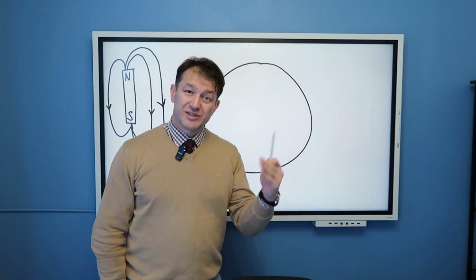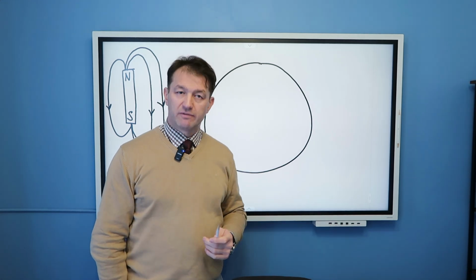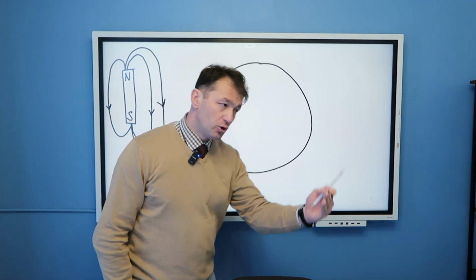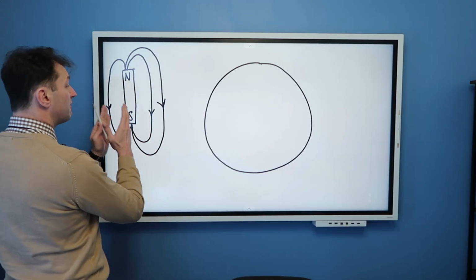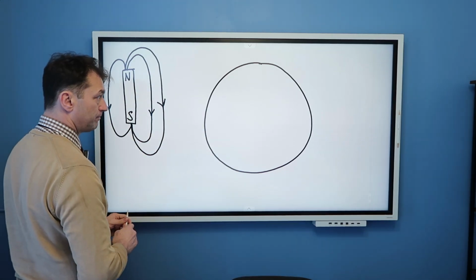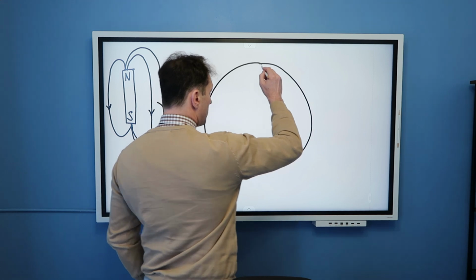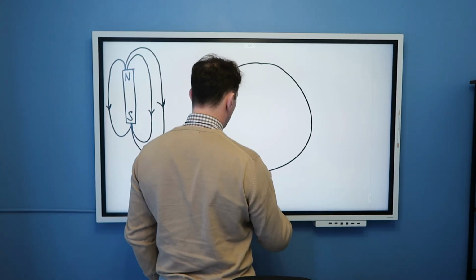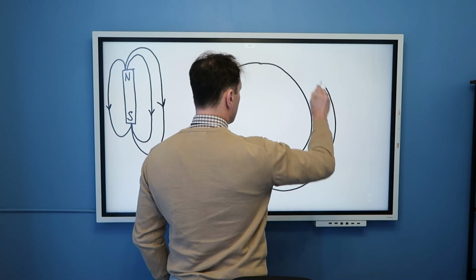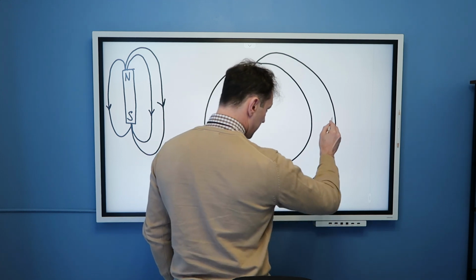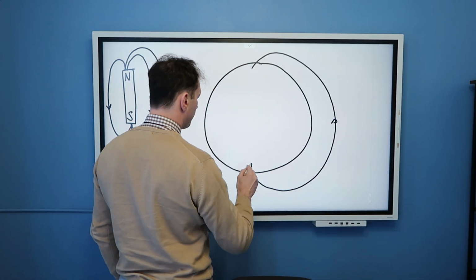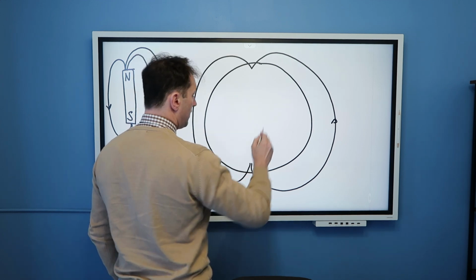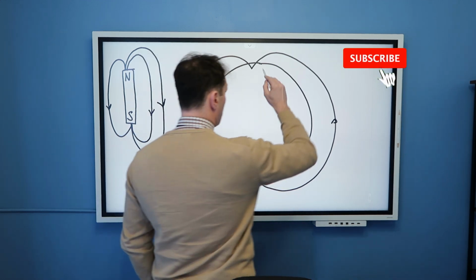If there was no sun, which I will discuss in several minutes from now, then magnetic field lines of our planet would be very, very similar to these. They would emerge from somewhere here close to South Pole and they would terminate somewhere close to the North Pole. So we would have lines like so.